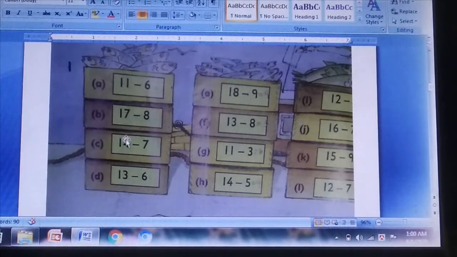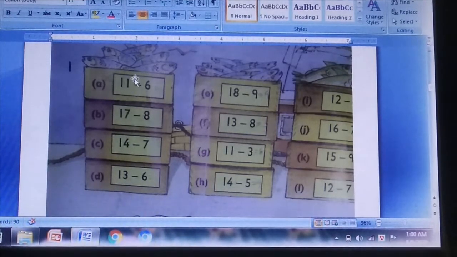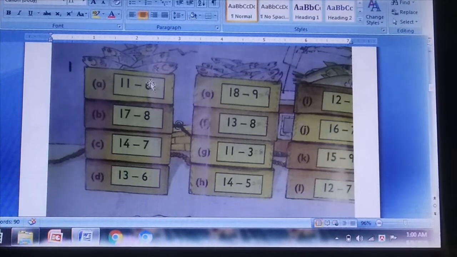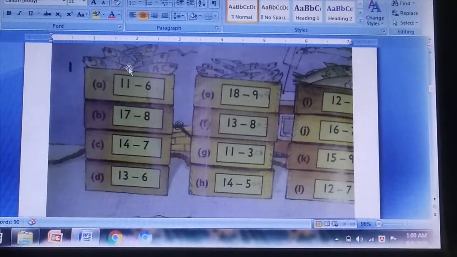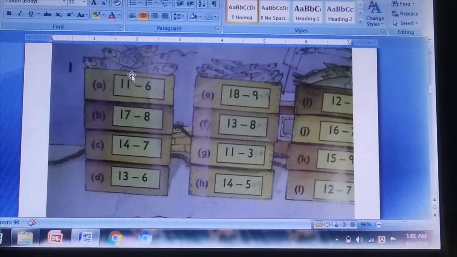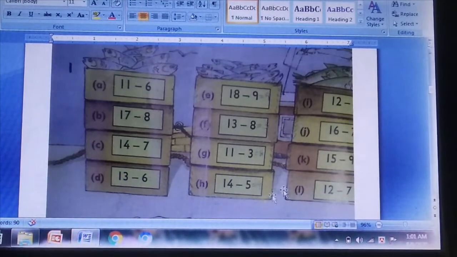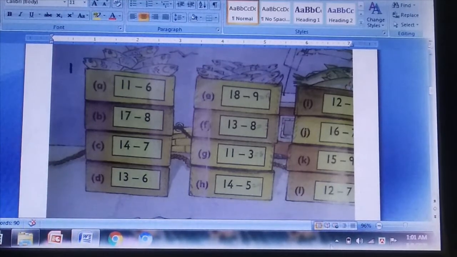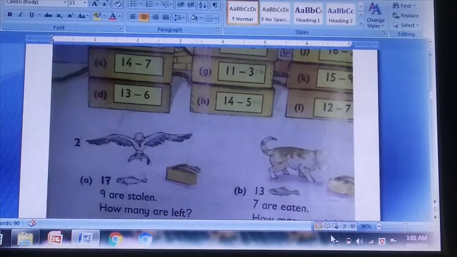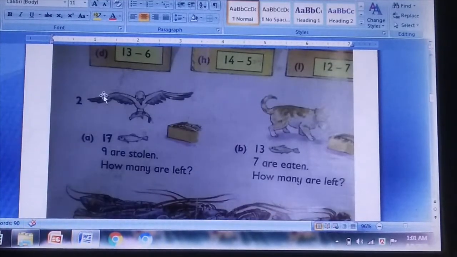If the upper number is smaller than the lower number, then we borrow a 1. We borrow a 1 and keep in our mind that there will be a 1 on the upper side of the number. You know the process of subtracting the number with the borrowing 1. Today we will focus on our number 2.